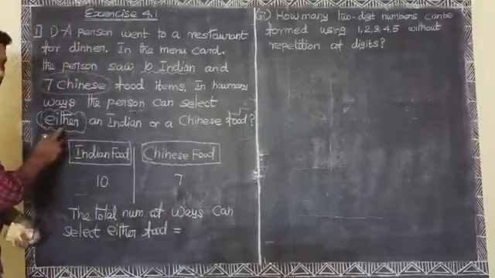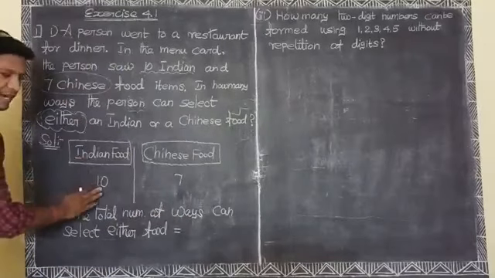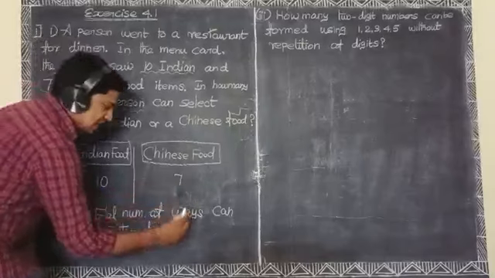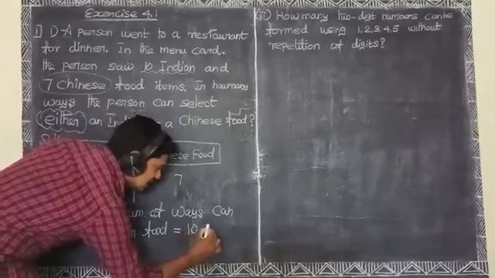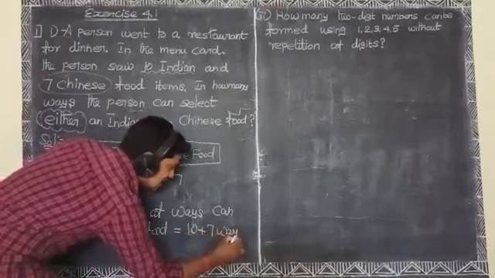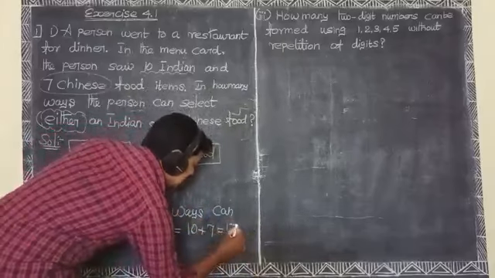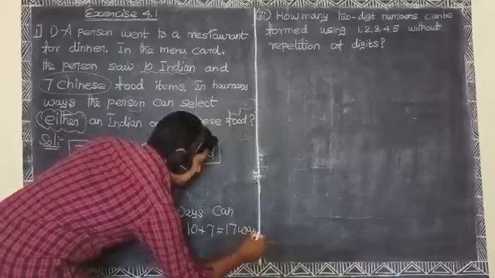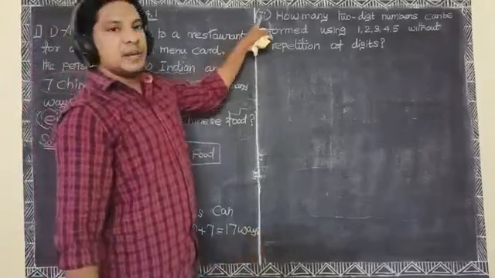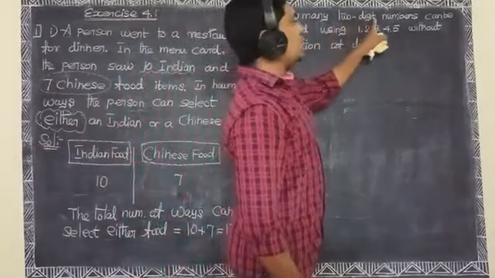Either means using the sum rule. Therefore, m equal to 10, n equal to 7, which is equal to 10 plus 7 ways, that is totally 17 ways.